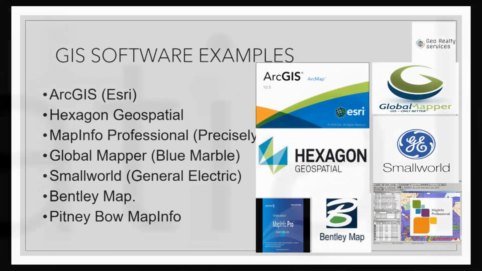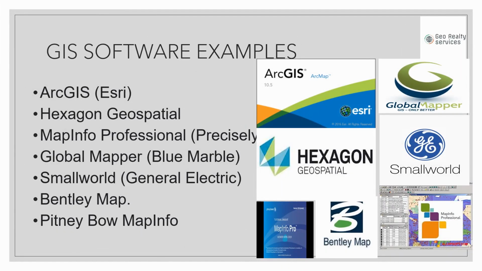There are quite a few GIS software in the commercial market as well as in the open source software domain. These commercial or proprietary GIS software include ArcGIS, undisputedly the leading GIS software, Hexagon Geospatial, MapInfo Professional, Global Mapper, Smallworld, and Bentley Map, as well as Pitney Bowes MapInfo.